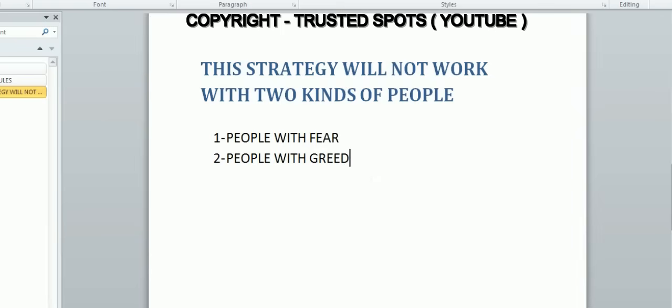The second thing is, people with greed will not be successful in binary option trading. If you are a greedy person, if you think of making $1,000 from $10 or from $100, then you will end up having losses. And I have seen so many people like this. So I suggest, don't be greedy, have some discipline, have some control, and if you want to be a successful trader, then you need to be a disciplined person.